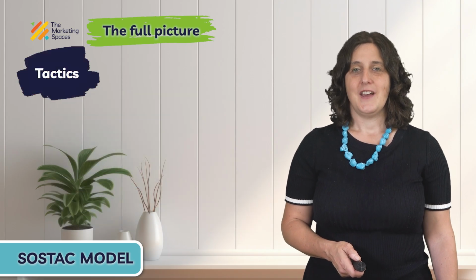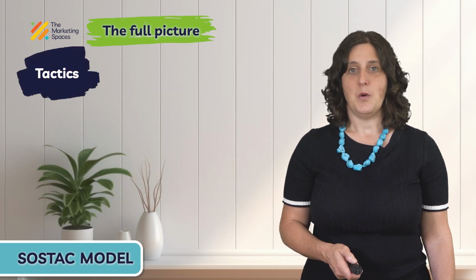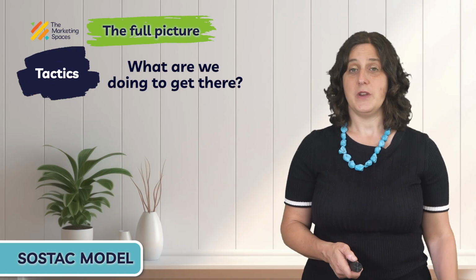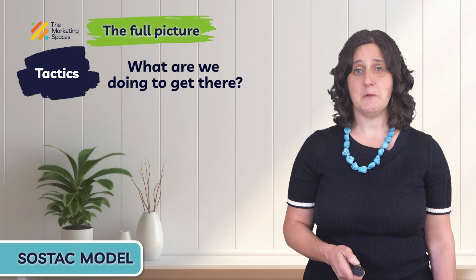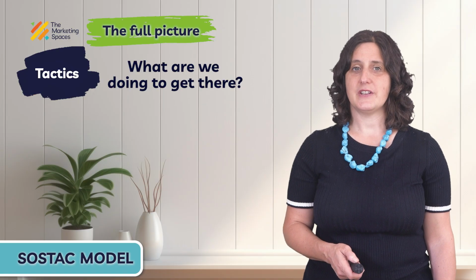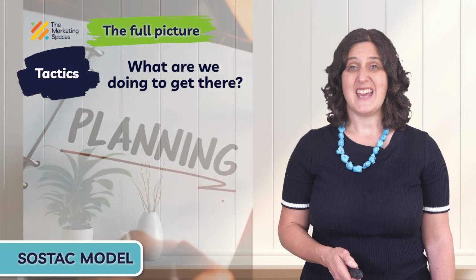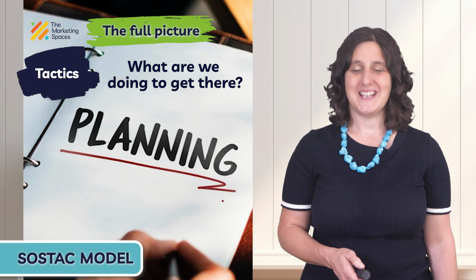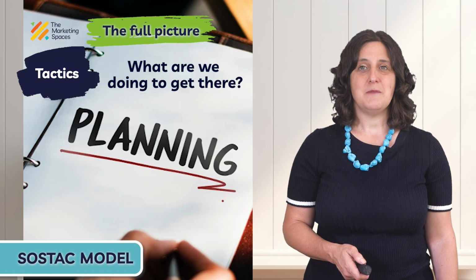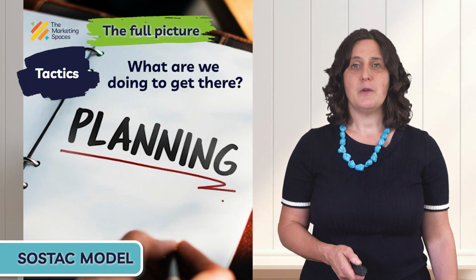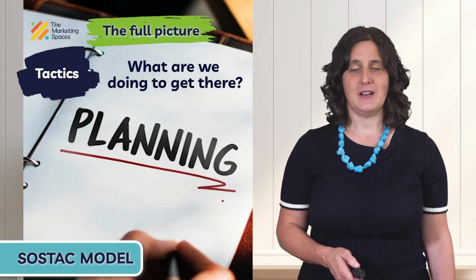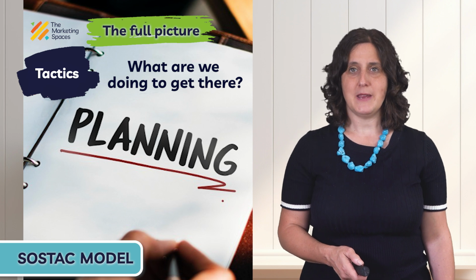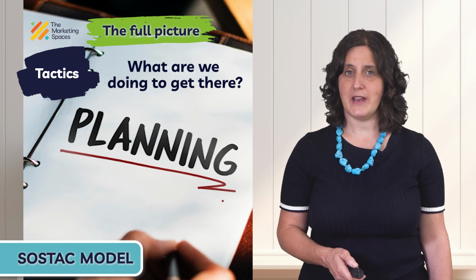Tactics. This is very much the detail. What are we going to do to get there? We know where we're starting from. We know where we want to get to. We've decided on our strategy. Now let's get down to detail. We're going from Reading to Edinburgh. We've decided to go by train. What time do we need to arrive there? How long are we prepared to take? What's our budget like for doing this? Are we prepared to make multiple changes or do we want a direct train?